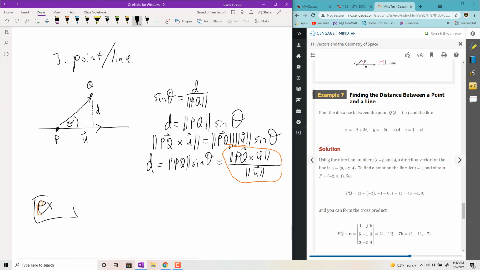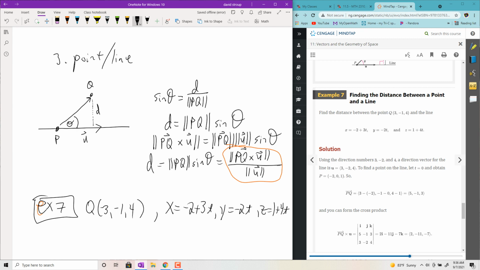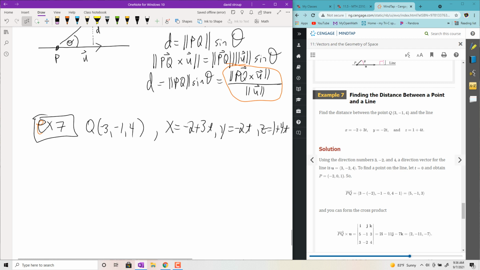Okay, so example 7. We have a point Q, (3, -1, 4). Then we have the parametric form for the equation of a line in space. It's 1 plus 4t. And so the vector u is basically the directional vector of that line.